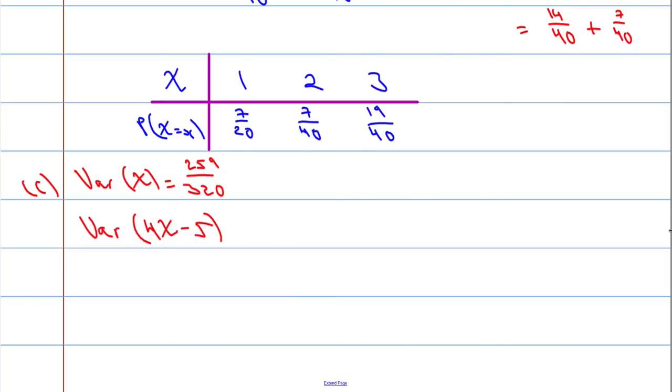Well, we have to know this rule that the variance of ax plus b, so if we apply a linear transform to the variance, we get a squared times the variance of x. So, the variance of 4x minus 5 is going to be 4 squared times all of this, 259 over 320.